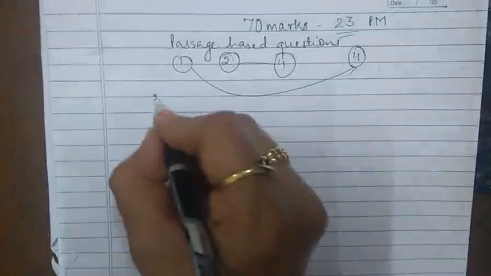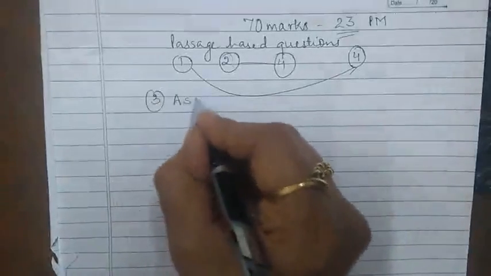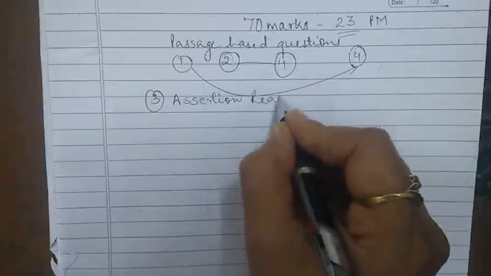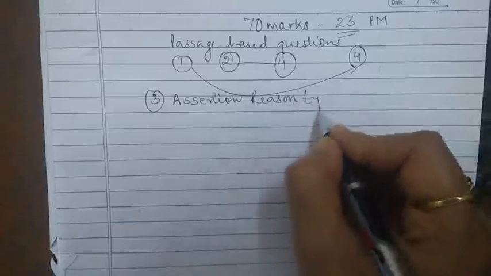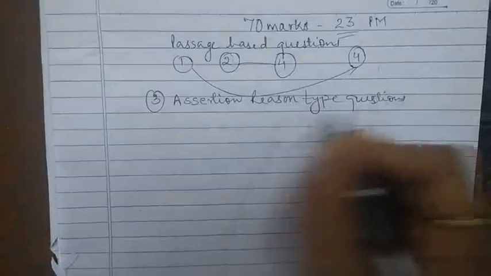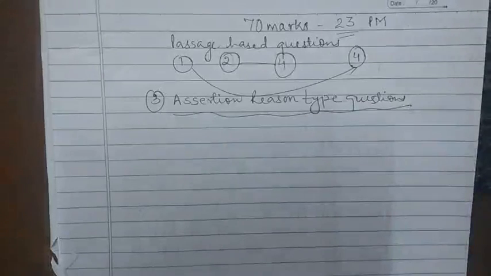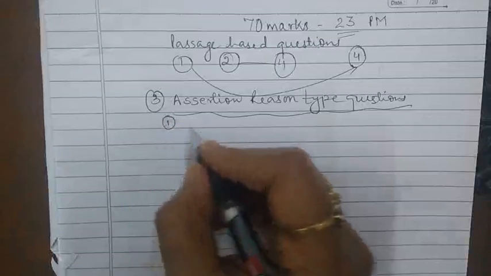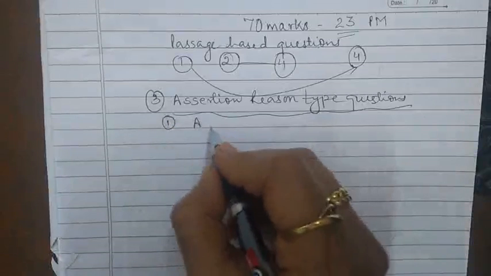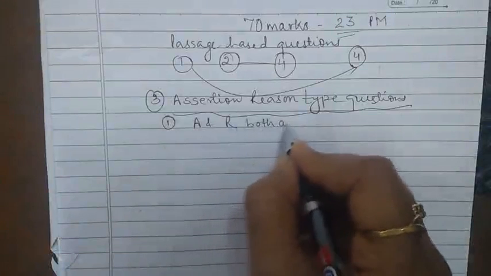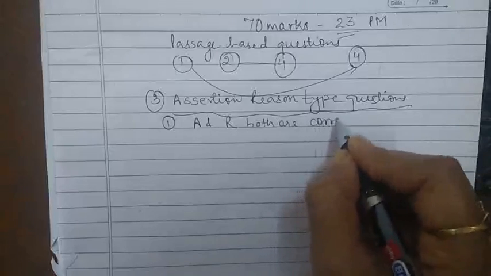Now the next question is the assertion reason type question. In this assertion reason type question we have points.